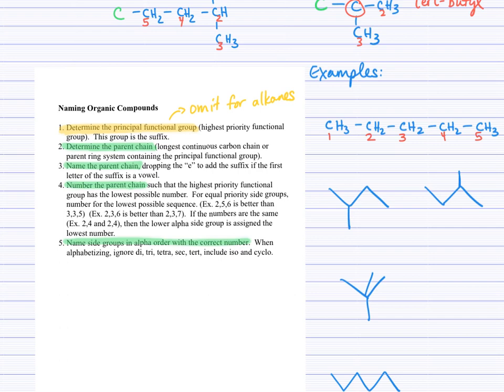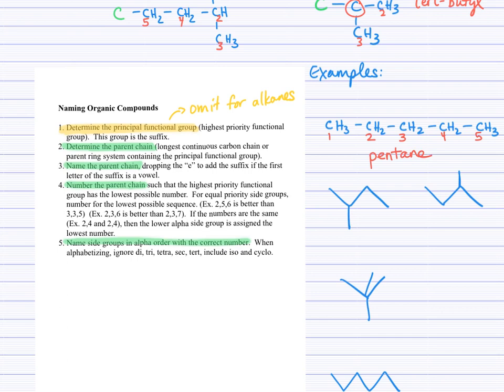There are no side groups, so as long as you run continuously in one direction, that's great. Okay, so I'm hoping you can name this and work a little bit ahead of me on this one. Hopefully you wrote pentane, recognizing 5 carbons in the parent chain, and the ane suffix for alkanes.